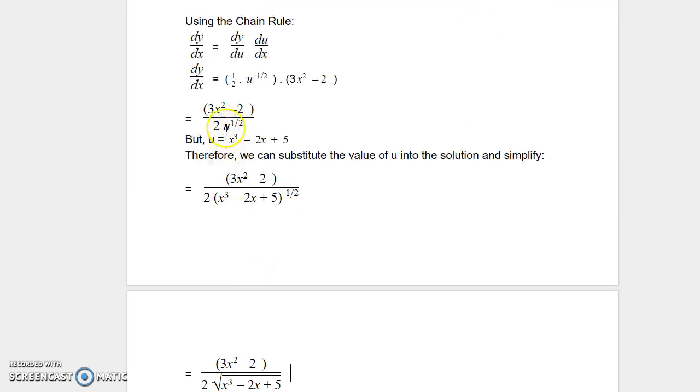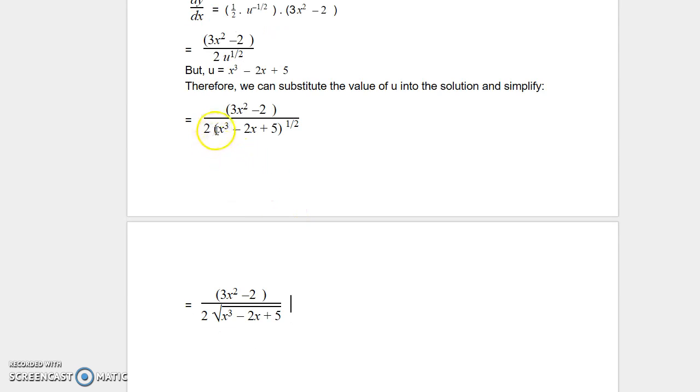Now we cannot have u as part of the solution. So therefore, wherever we see u, we're going to substitute x cubed minus 2x plus 5 like that. Therefore, when we do that, 3x squared minus 2 will still be in the numerator, and in the denominator we have a 2, and then instead of u we're going to write this part, x cubed minus 2x plus 5, the whole thing raised to the power of half like that.